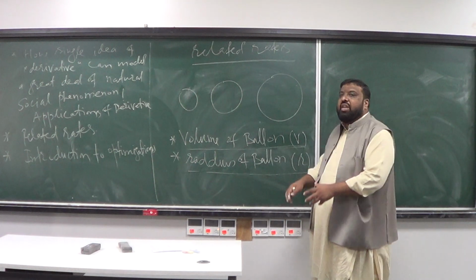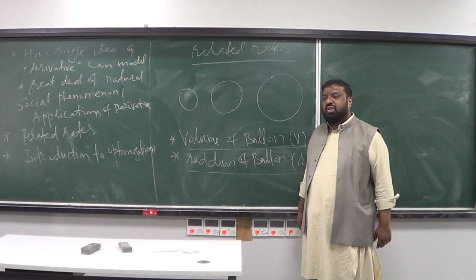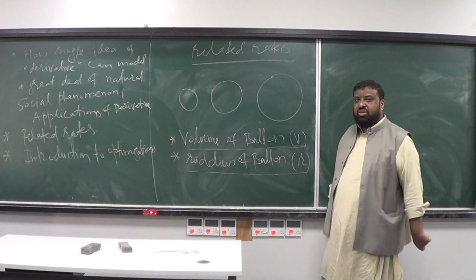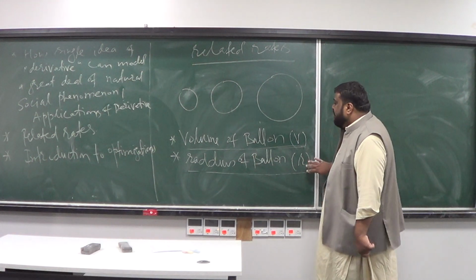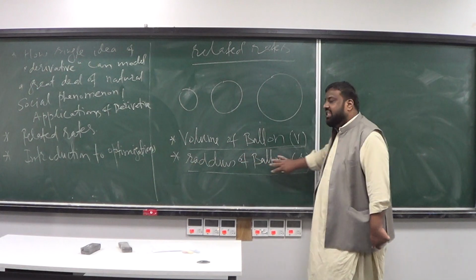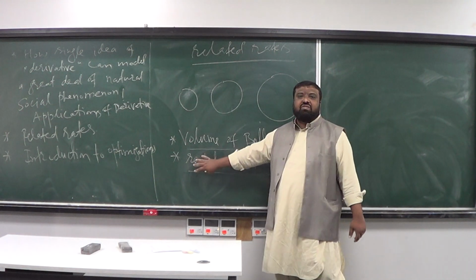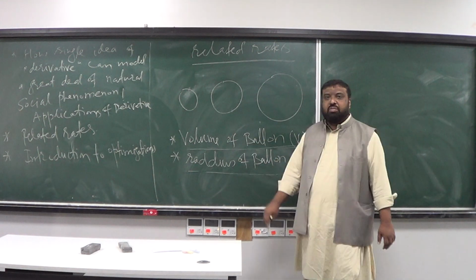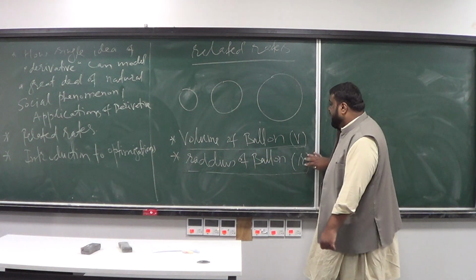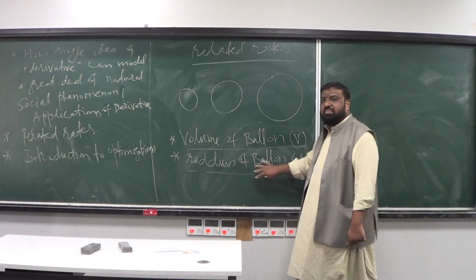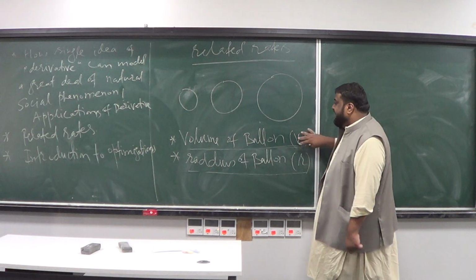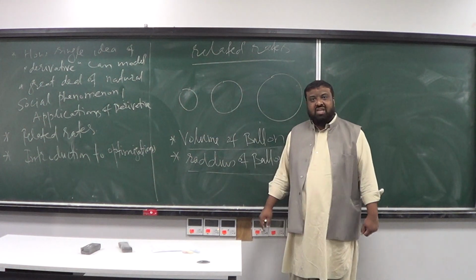So when you are pumping in air, the volume of the balloon increases and the radius also increases. But I want to know at what radius, what is the rate at which the radius of the balloon is increasing. Now the trouble is that practically this is difficult to measure, while the volume is easy to measure.